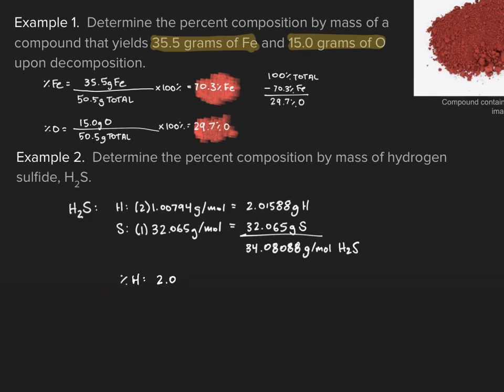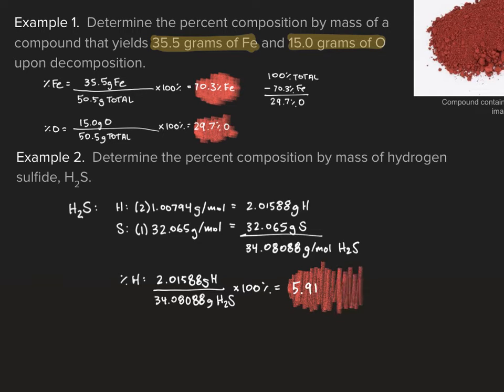So I can simply divide that value by the overall total mass of the compound of 34.08088, multiply by 100%, and that gives me a percentage of hydrogen in hydrogen sulfide of, by my calculation, 5.915% hydrogen. And again, I could simply subtract 100 minus that value to get my percentage of sulfur.